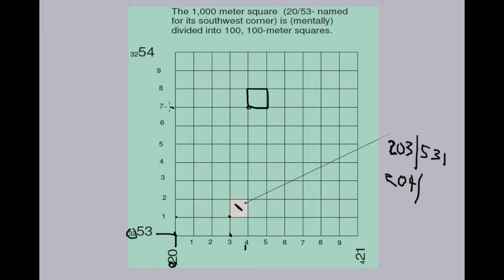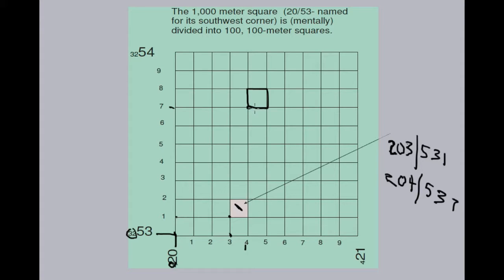Here's our 7 out here. And when you stated your coordinates that way, using this abbreviated system, you would have identified yourself as being somewhere within a 100 meter square, with 204 by 537 being the southwest corner of that square.